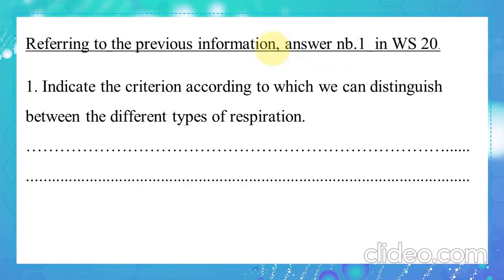Indicate the criterion according to which we can distinguish between the different types of respiration. What do we mean by criterion? Criterion is a common feature that allows us to arrange things into groups, each group containing the same feature. Example, arranging the blocks according to the criterion, which is the color.